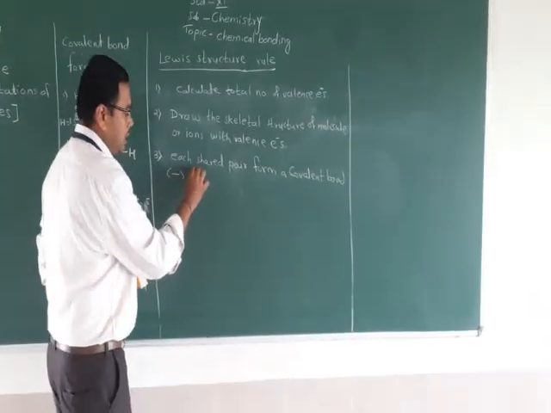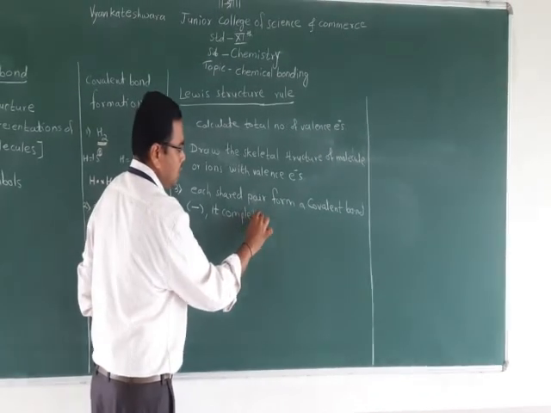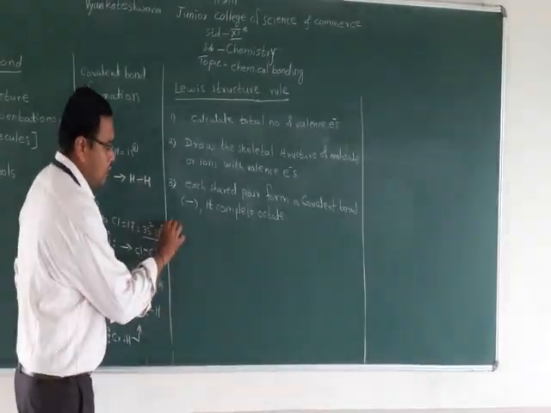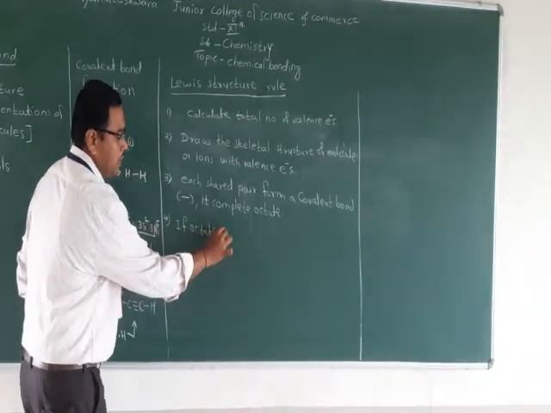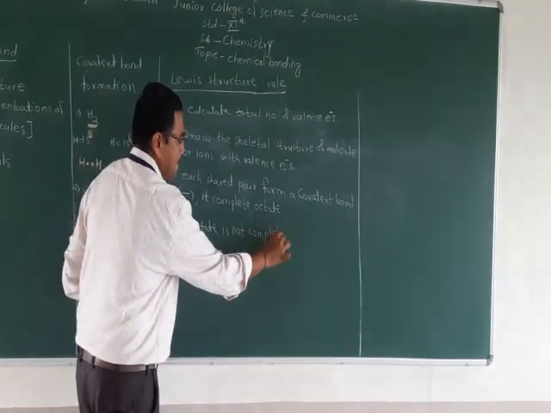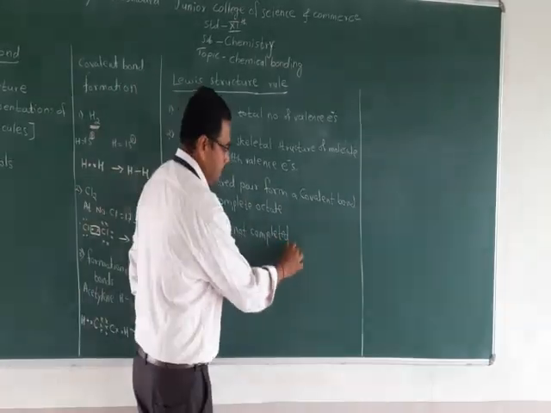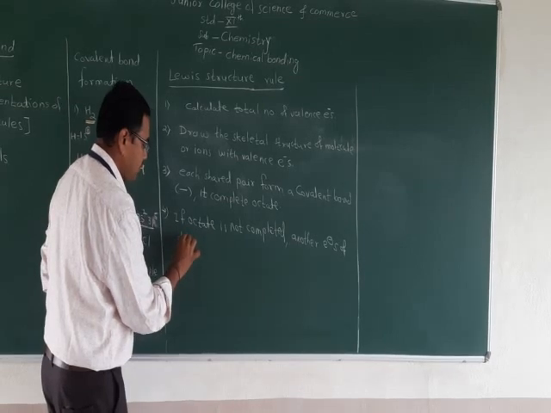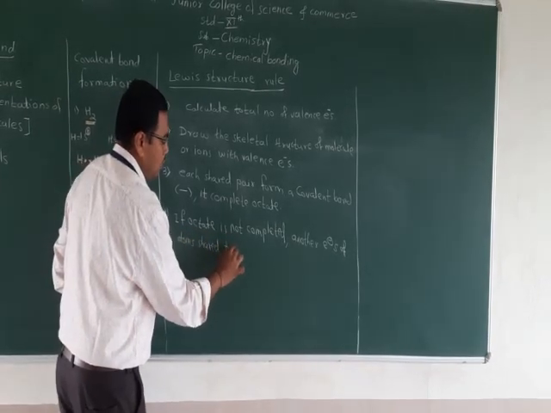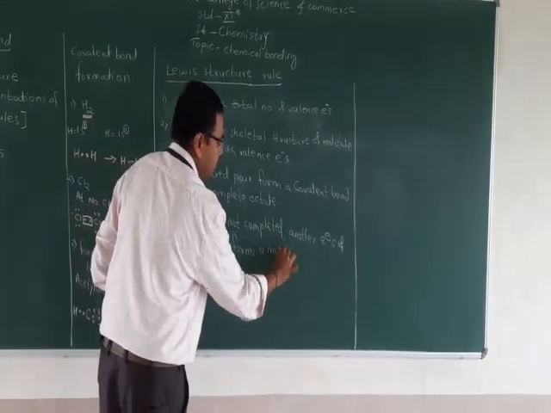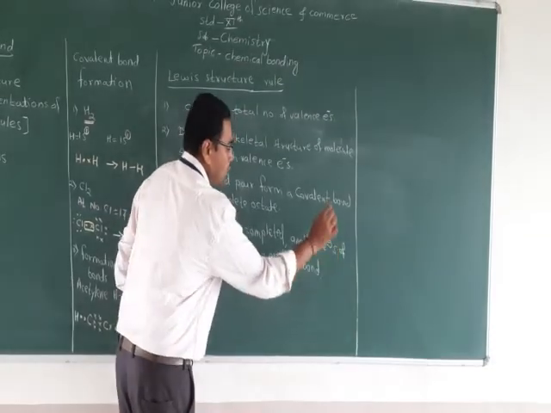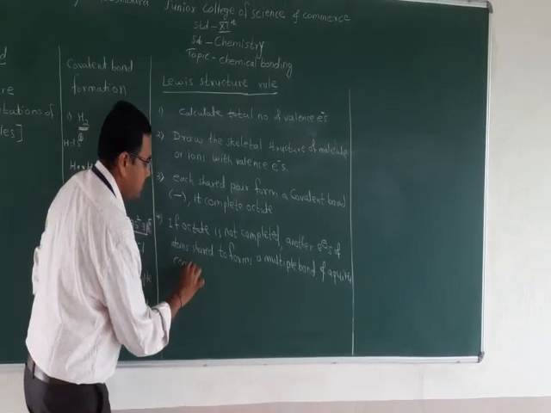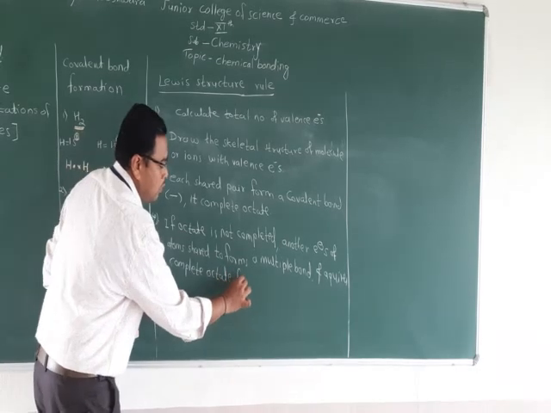If it contains a complete octet, that is fine. If the octet is not completed, then the other electron pairs of the atoms are shared to form multiple bonds and acquire a complete octet for each atom.